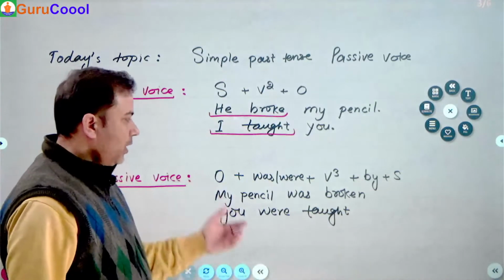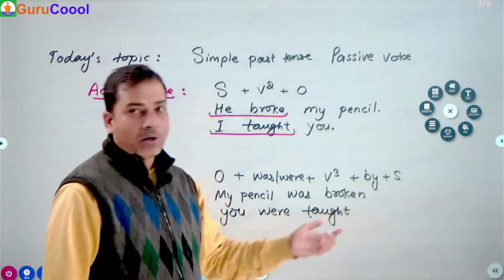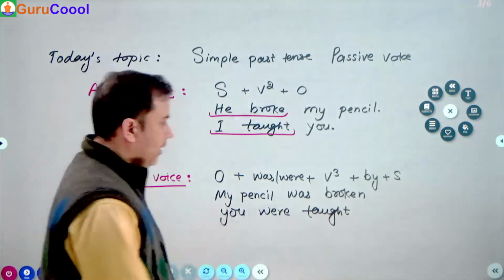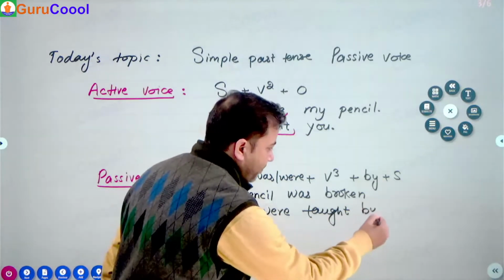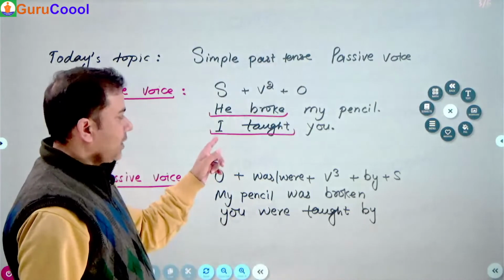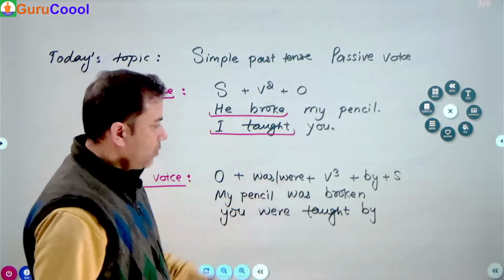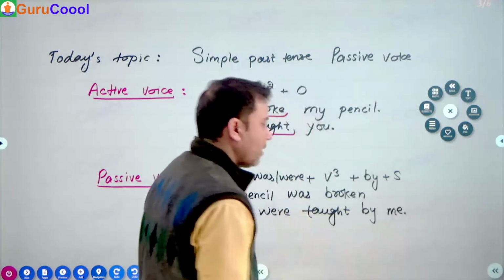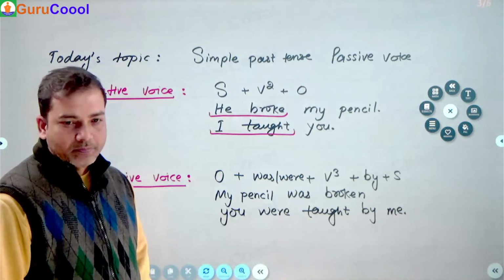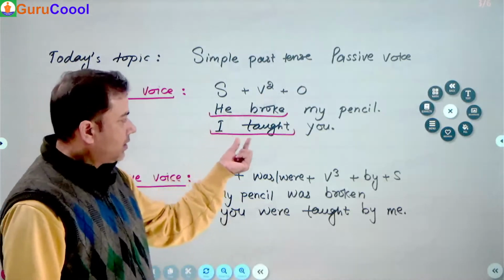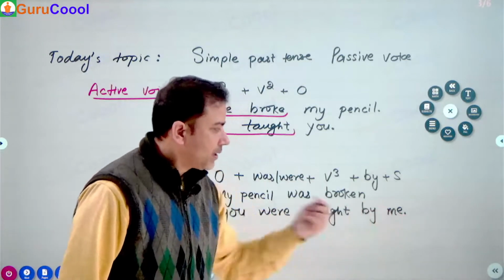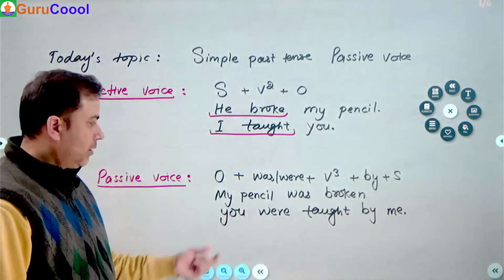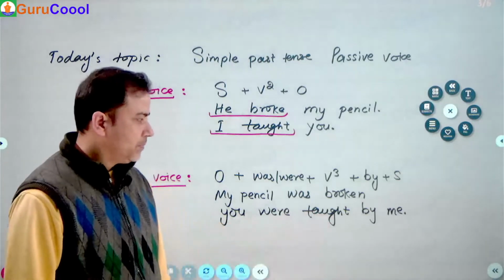Now it's your choice to mention the subject here or not. If you want, you have to write by and then the subject. The subject goes here to be me. Case change: subjective case changed to objective case. It became me. You were taught by me.